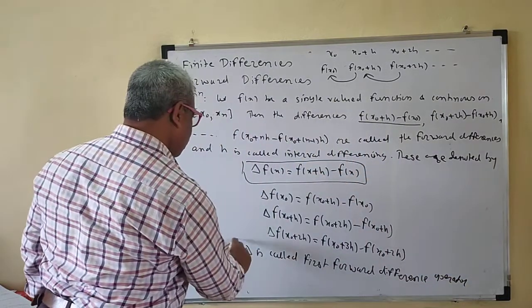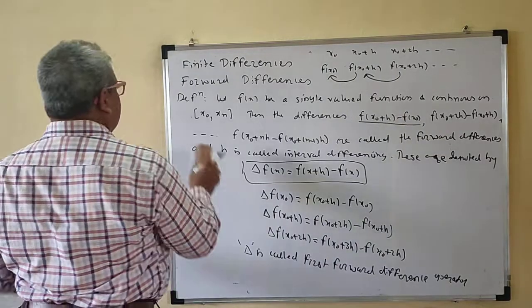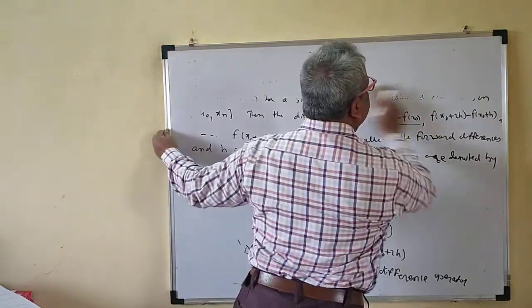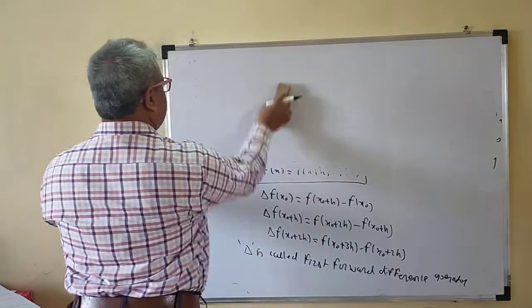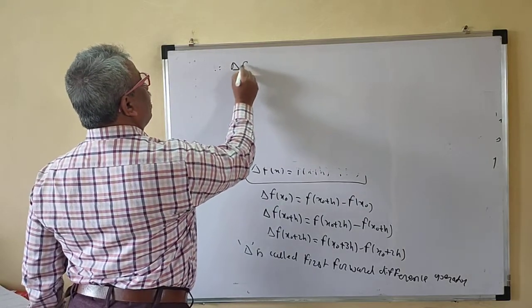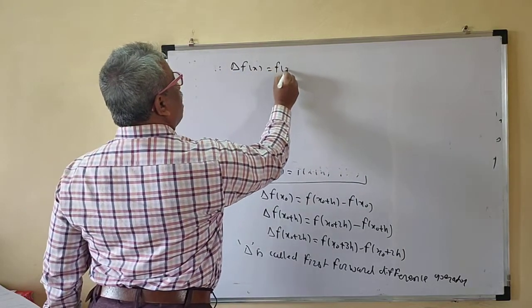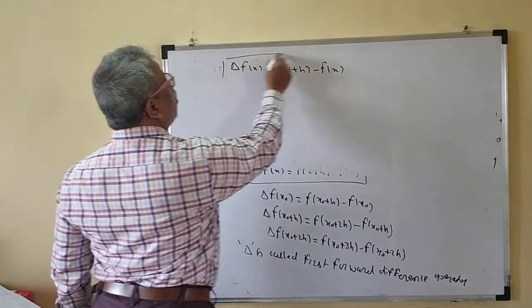Now we'll see how to operate the second forward difference operator. Therefore delta f of x is equal to f of x plus h minus f of x.